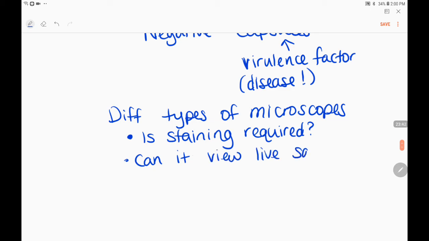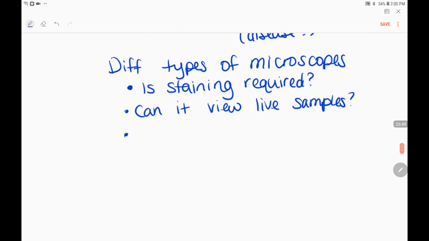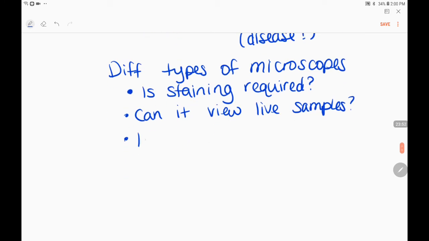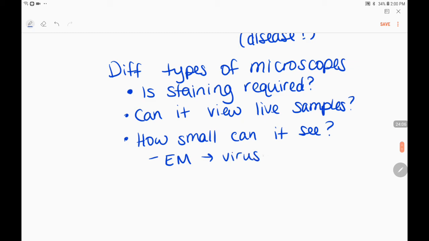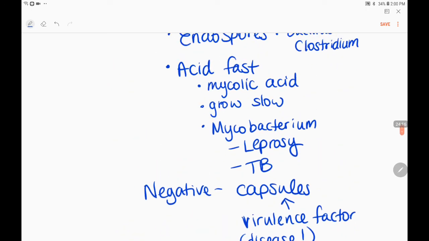Sometimes it's important to look at something alive if we want to see how it moves and how it infects. How small can it see? I mentioned earlier that electron microscopy is good for viruses, and we could not see viruses with light microscopy because the resolving power wasn't good enough. The book has many examples of that.